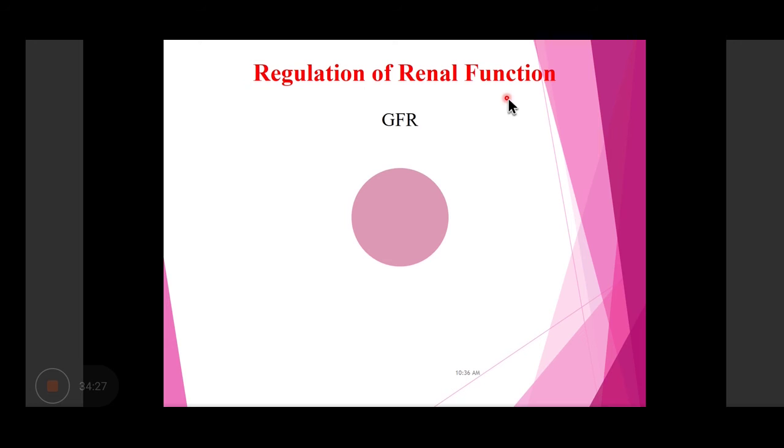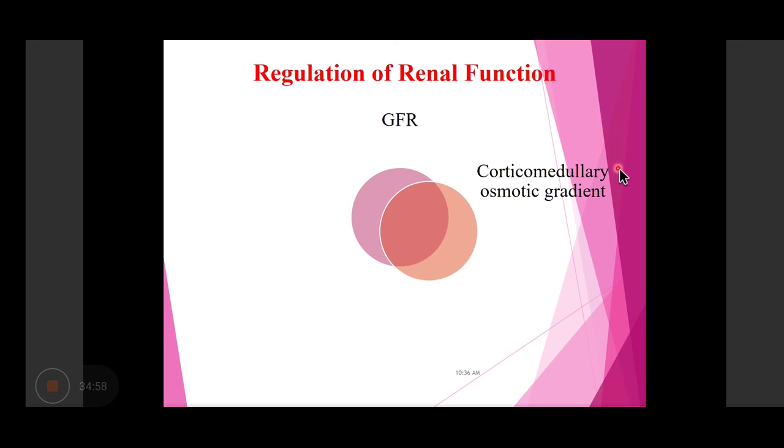Renal blood flow will be dependent on the contractility of the heart, the force with which the heart is able to pump the blood. So any disorder of the heart will obviously affect the renal blood flow and the GFR, and it will affect the renal physiology also. So the first and foremost factor controlling it is the GFR.